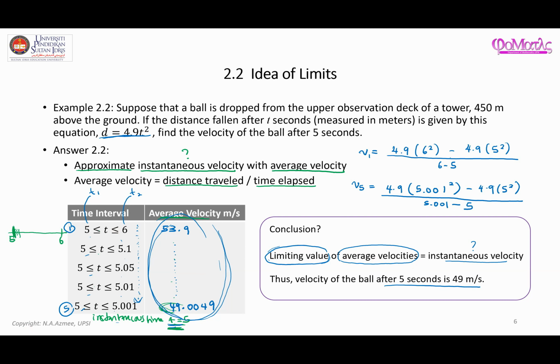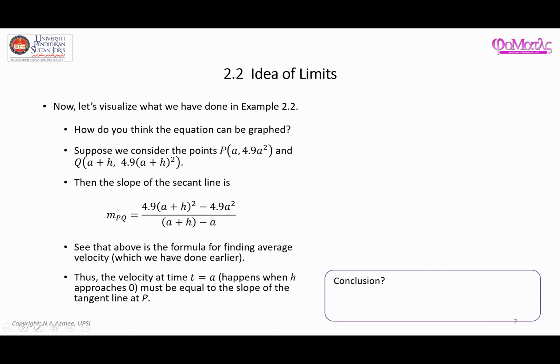Okay, so now in the next slide, I'm going to visualize what is going on here by sketching the graph. So how do you think the equation can be graphed? What we have is the equation d equals 4.9 t squared, and if you want, you can think of it as y equals 4.9 x squared.